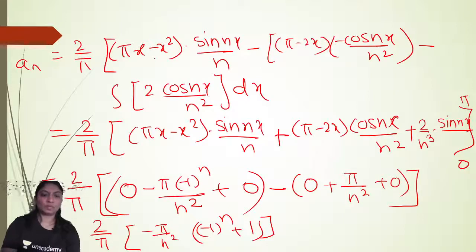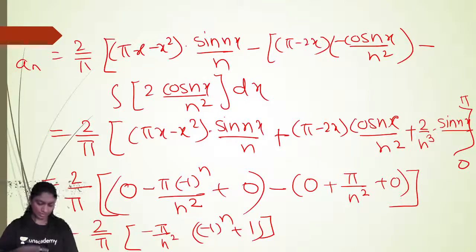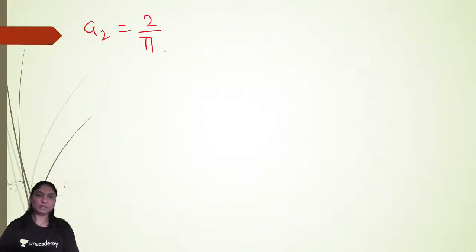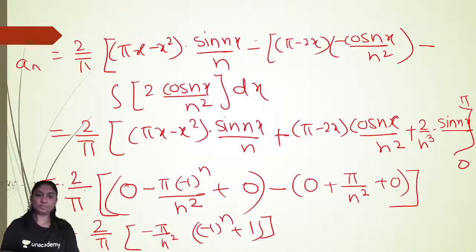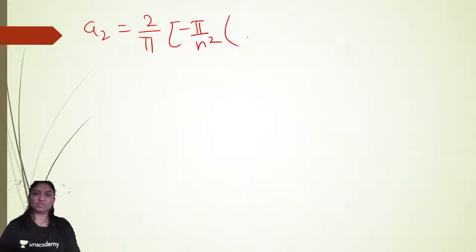So you will get an is equal to 2 by pi into bracket, minus pi by n square into minus 1 raised to n plus 1.